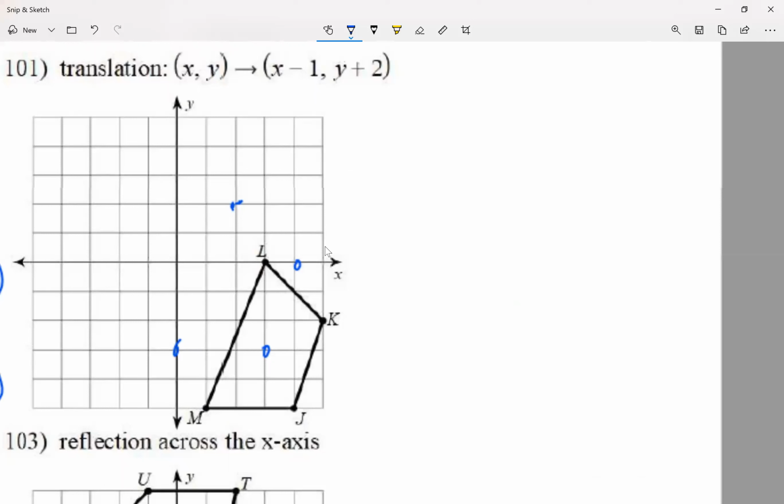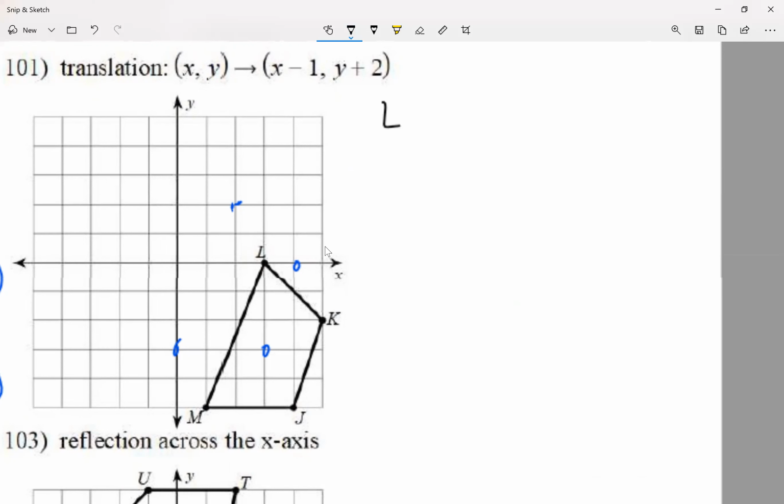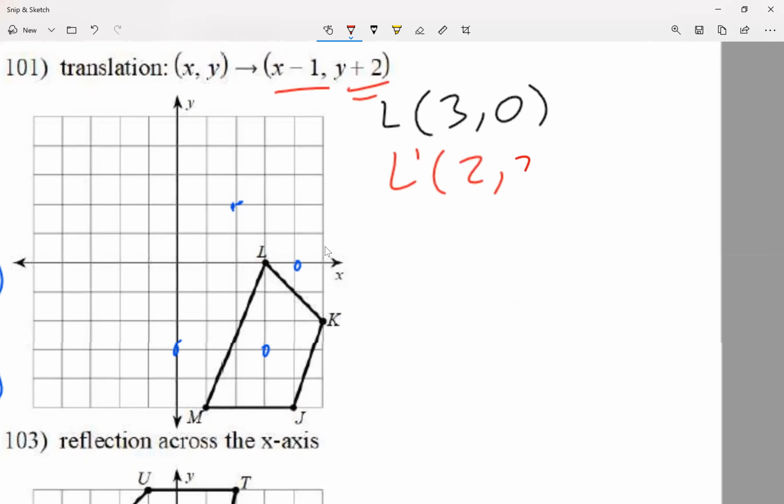Or another way I can do this, let's say I ask you guys for the point L. The coordinates of point L right now are 3, 0. Mathematically speaking, subtract 1 from X and add 2 to Y. So L prime will be 2, 2.